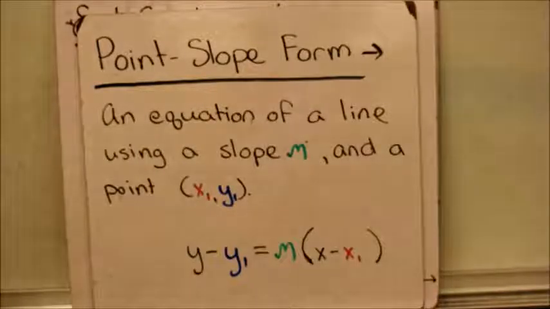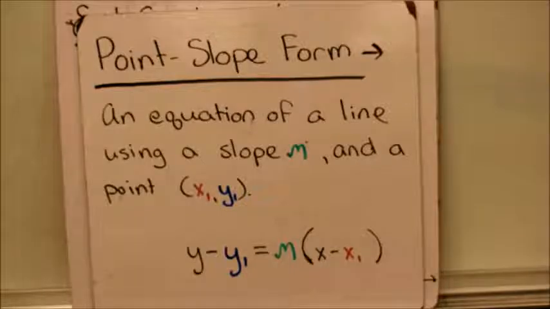So what is point-slope form? Point-slope form of a line is when you use the slope m and one point, x1 and y1, to write an equation: y minus y1 equals m times x minus x1.